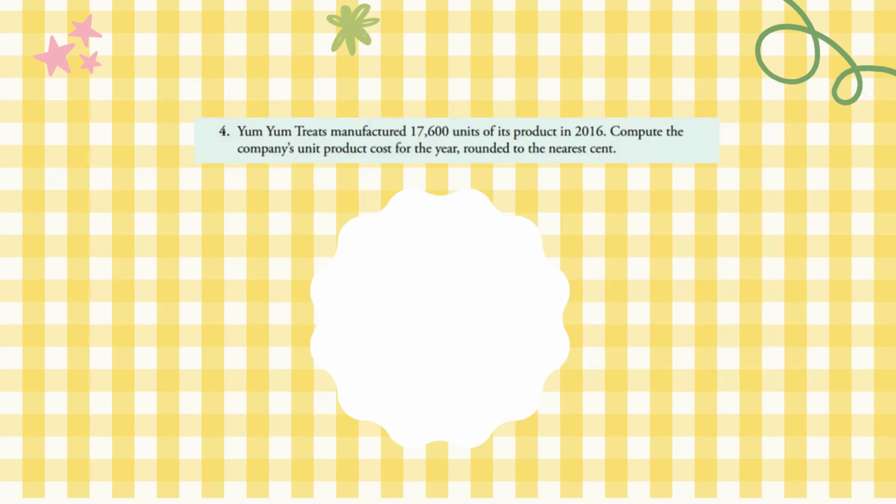Now requirement number 4, Yum Yum Treats manufactured 17,600 units of its product in 2016. Compute the unit product cost. So the cost per unit for a manufacturing company equals cost of goods manufactured divided by number of units manufactured.